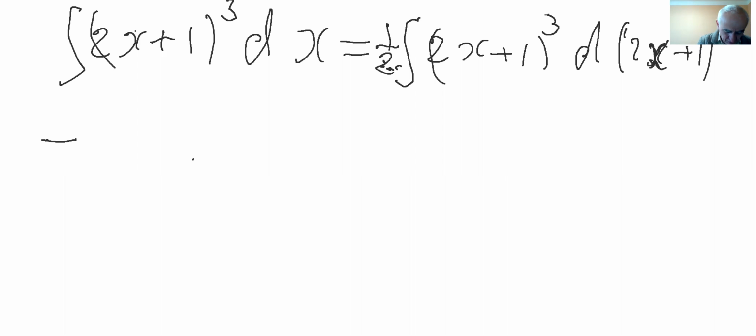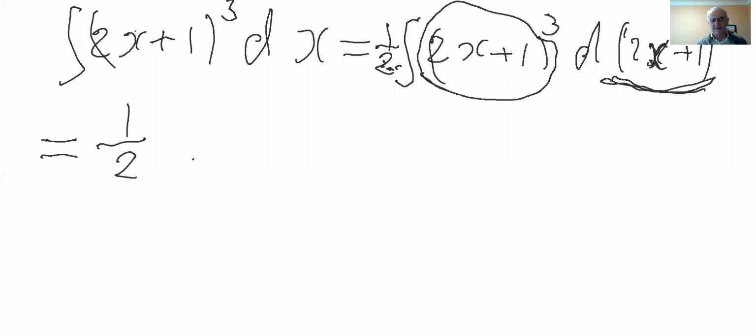Now let's continue. Now I can use the formula for integration of a power function, because in the differential I have the same expression, and I can imagine that it's t. And you know, imagination is sometimes more important than knowledge.